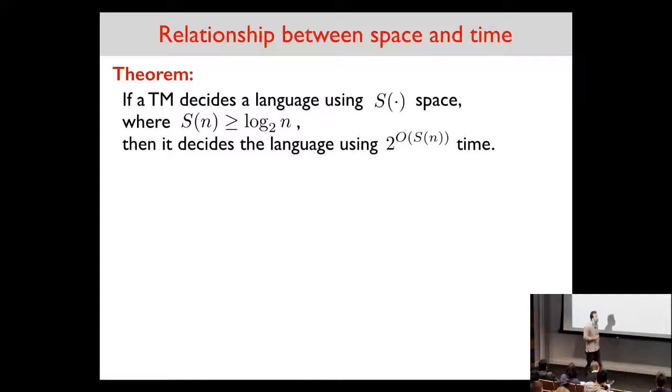So suppose you had, for example, a log space machine. It uses order log n space. This theorem is telling you that it can be decided in time 2 to the big O of log n, 2 to the c times log n, which is going to be n to the c, actually. It's polynomial time. So a log space algorithm can always be decided in polynomial time.